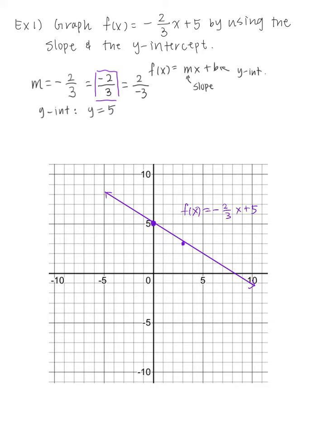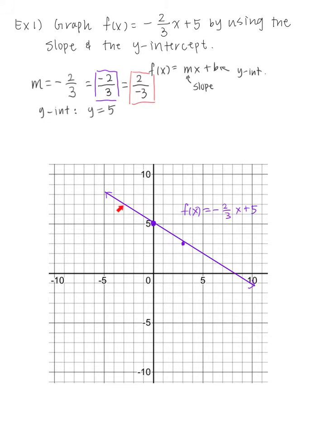Okay, now what we're going to do is take this slope. So suppose you toss that negative sign on the bottom. Okay, so now this is what's going to happen. Always start from the y-intercept. Now this is telling us to go 2 units above. Rise is 2, right? So I'm going to go 1, 2. And run is negative 3, so I need to move 3 units to the left. 1, 2, 3.